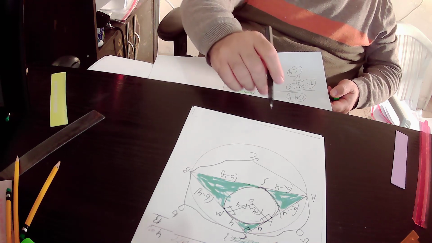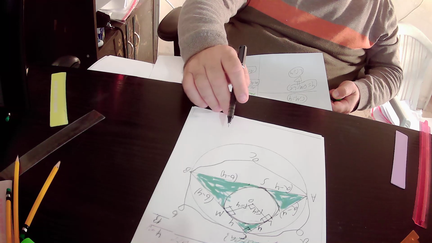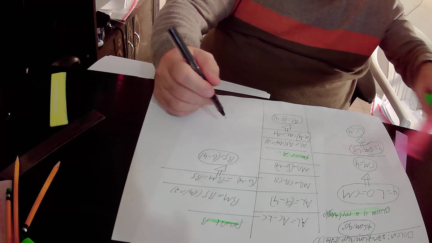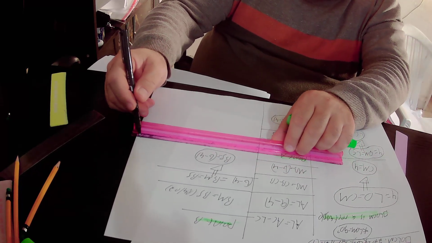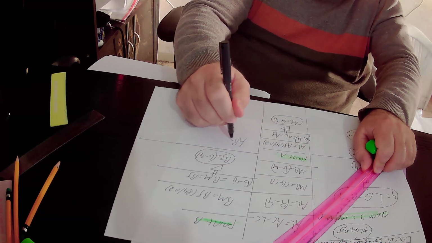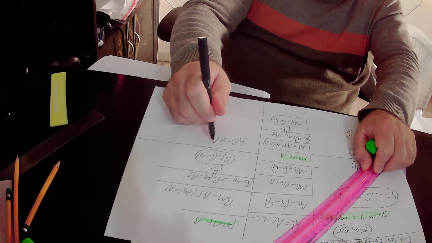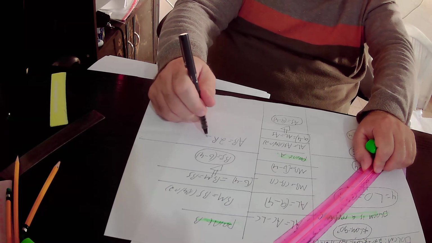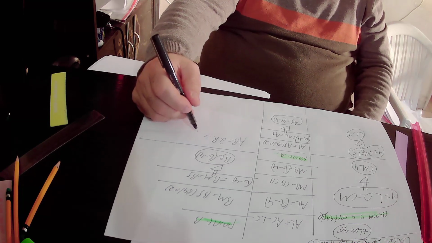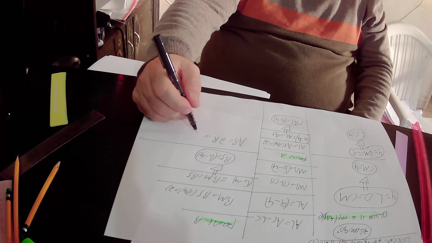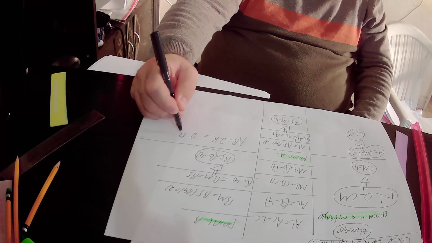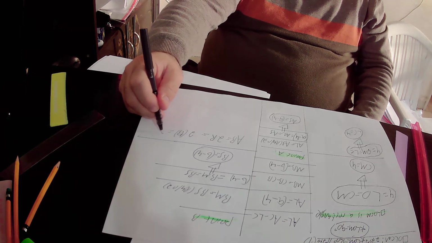We define the radius of the big circle as capital R. Therefore, the diameter AB of the big circle equals 2 times capital R. But it is given in the question that the radius of the big circle equals 13 units. So the diameter is 2 times 13, which is 26 units.